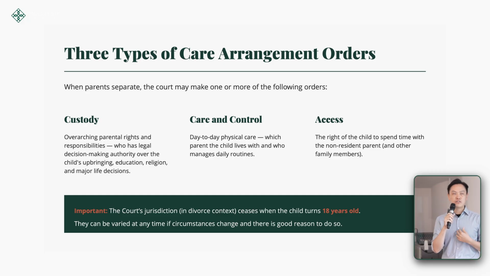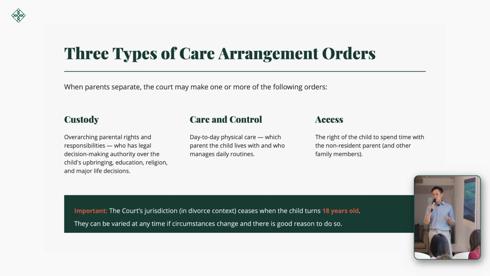So you might have the extreme case that the parties have shared care and control because they can communicate with each other or cooperate well with each other. So roughly, we can have an arrangement that the kids will spend an equal amount of time with both parents. To the other extreme, one party may only have email access, for example. So the range is very, very wide.